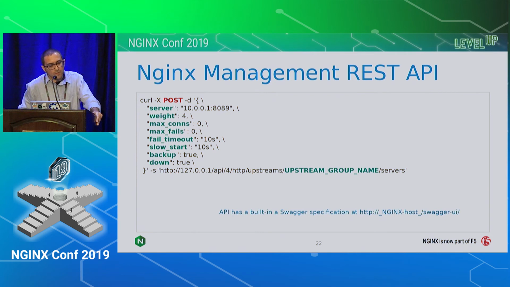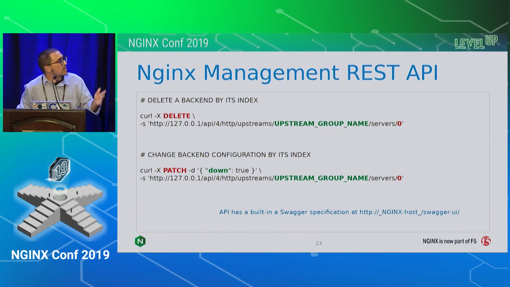Well, this is a sample of doing a POST. So we're adding a new server in an upstream. The first time we add a server, the index will change. So every time we try to reference this new server, we have to manage the index that is related to this backend.